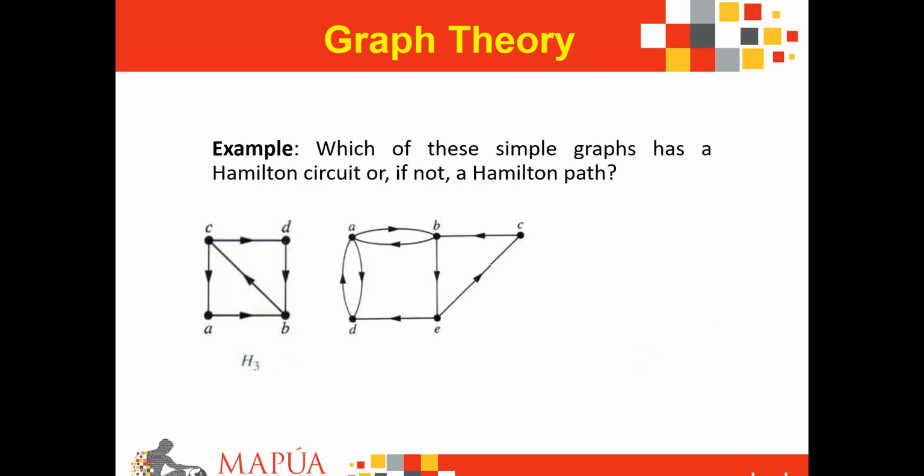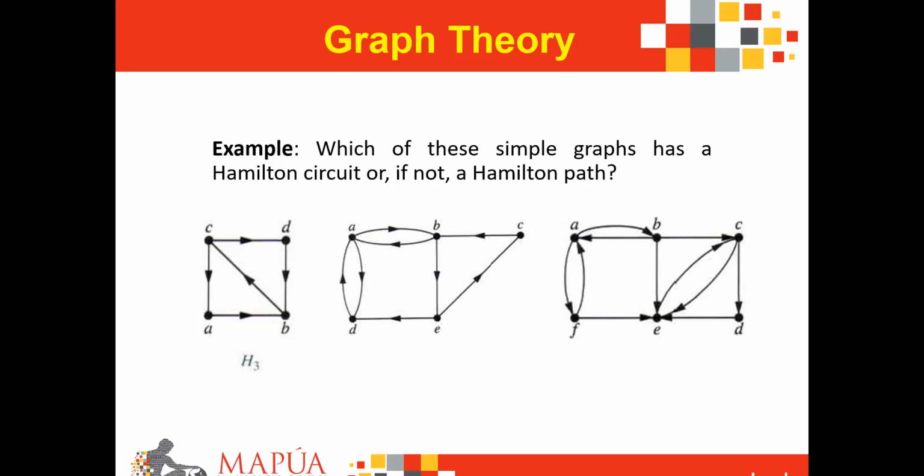This graph, you end up with, this graph is a Hamilton path. What about this graph? This graph is a Hamilton path.